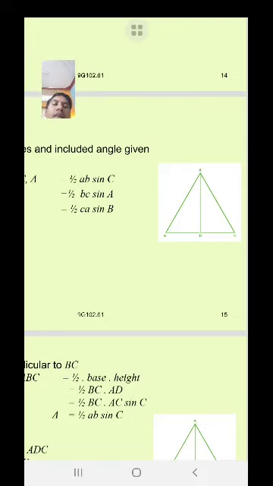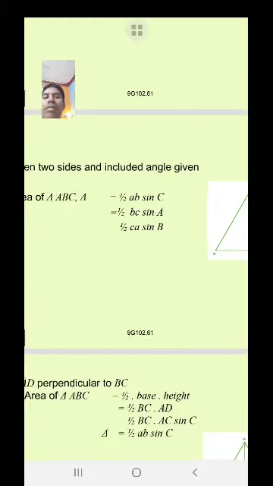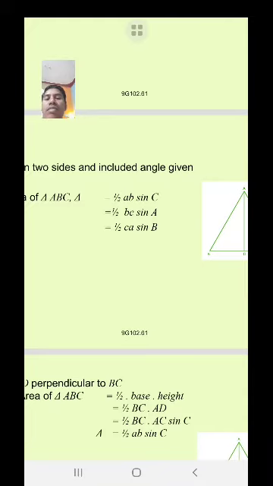So AD by b equals sine C, then AD equals b into sine C. That's why we write b into sine C in place of AD. So now I think you got the point. Therefore the area of the triangle equals, similarly, half into BC sine A, and half into CA sine B also.